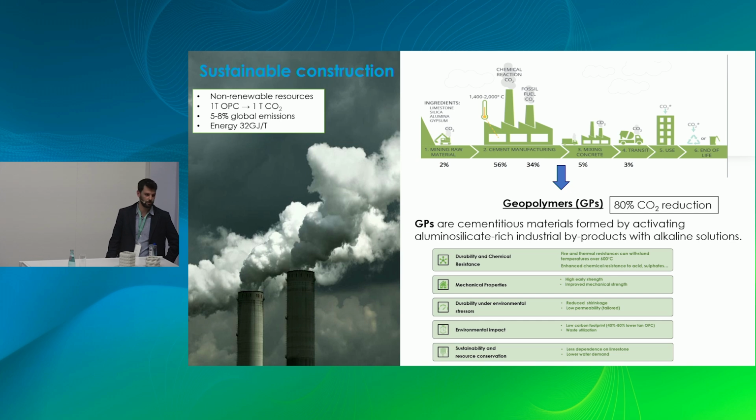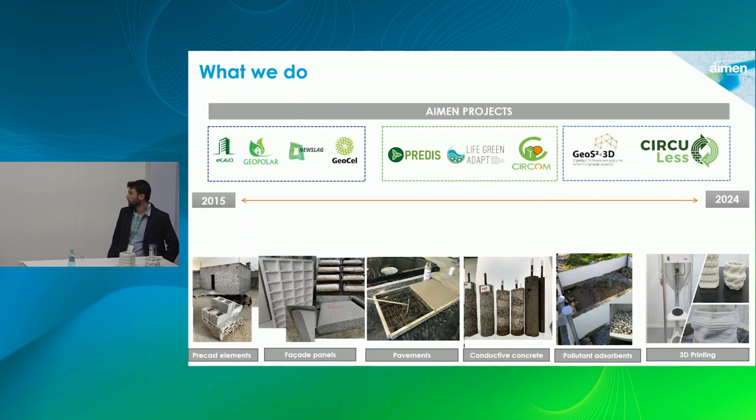So obviously it's a more sustainable material and also shows some improved properties compared to OPC, like better fire resistance, better chemical resistance against acids, better mechanical properties, especially at early times. But obviously, the most important thing is the sustainability. This material has an 80% reduction of CO2 compared to OPC.